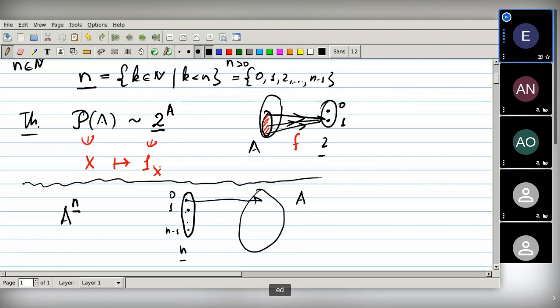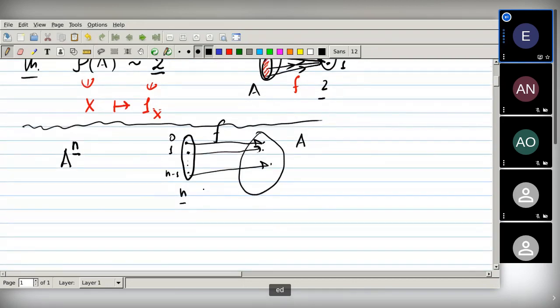So we have such a function with a finite domain. So what do we know about such functions? Functions over a finite domain.